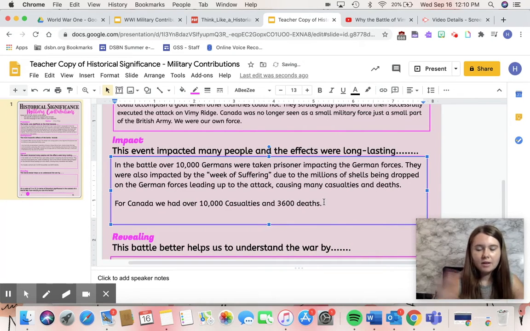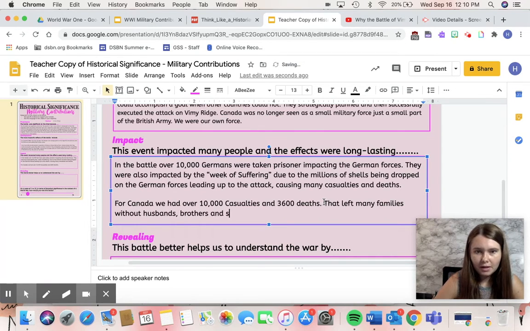What does this mean as a whole, when we look at that person who died and those tens of thousands of people who were injured? It also impacts their families and Canadians at home. So that left many families without husbands, brothers, and sons.